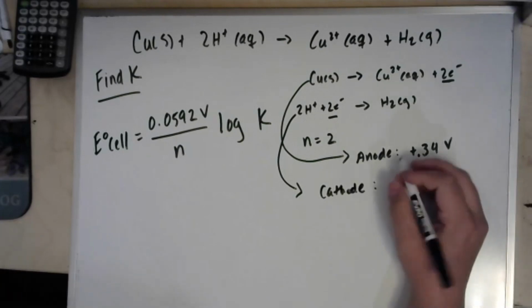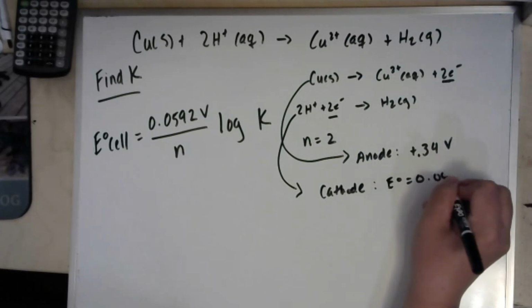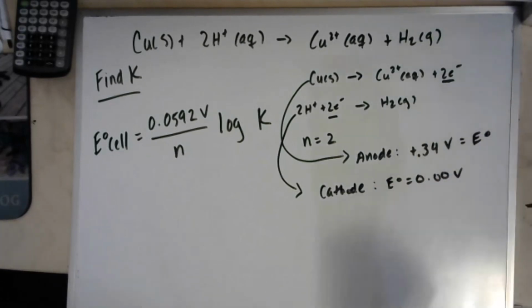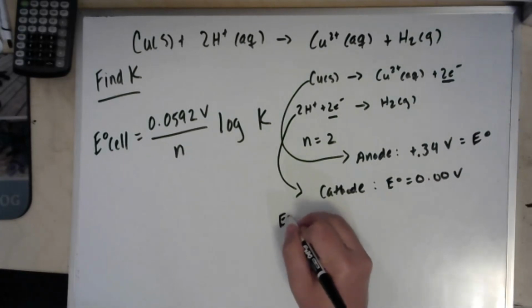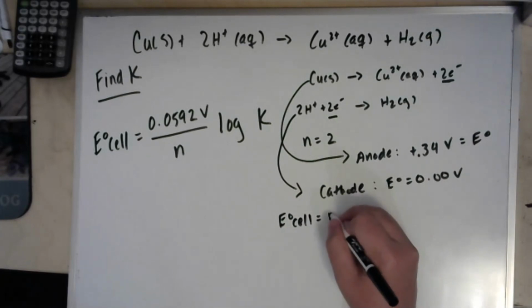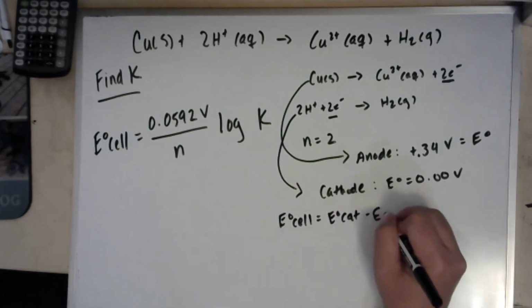And that's going to be an E value of 0.00 volts. So now to find E cell, it's going to be the cathode minus the anode.